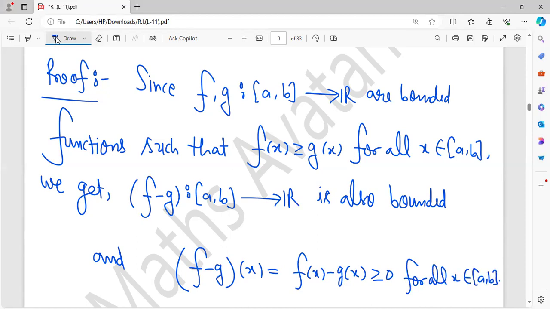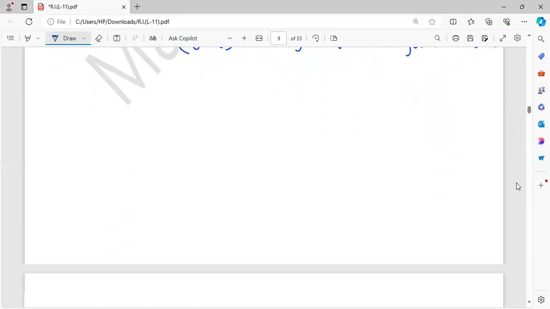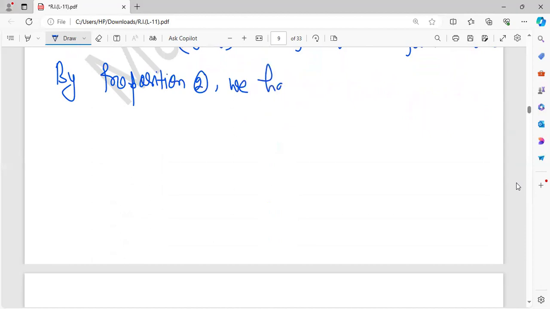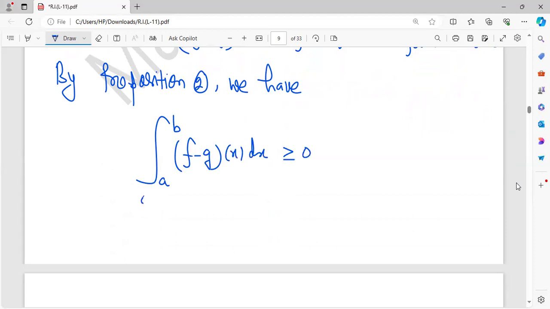By proposition 2, we have the integral from a to b of (f minus g)(x) dx is non-negative. But what is this equal to?